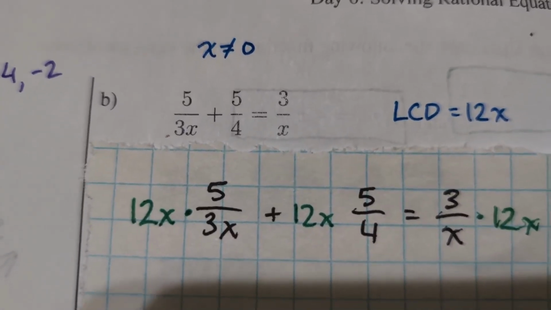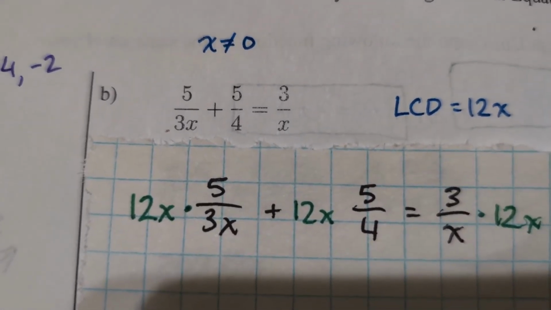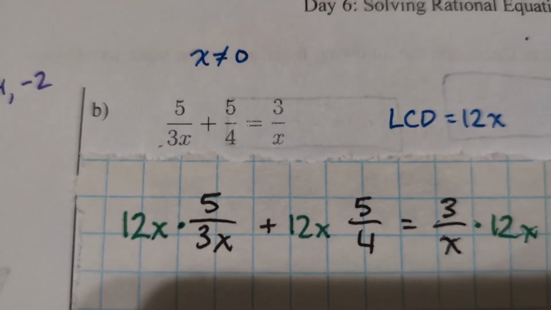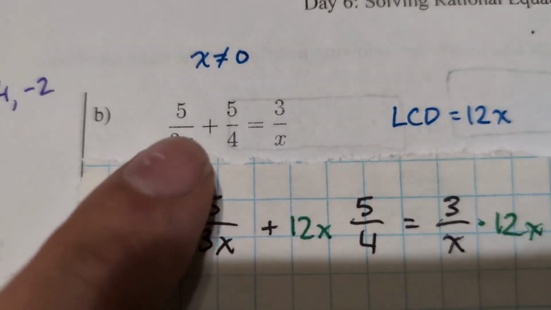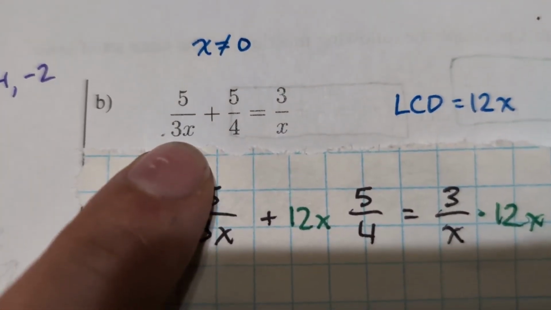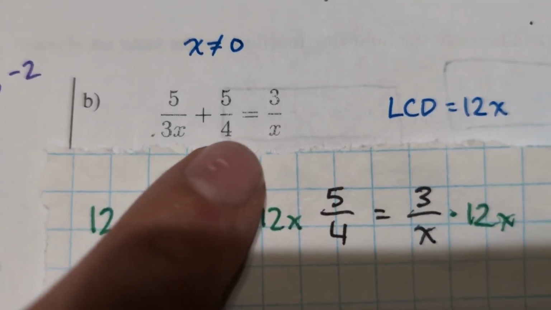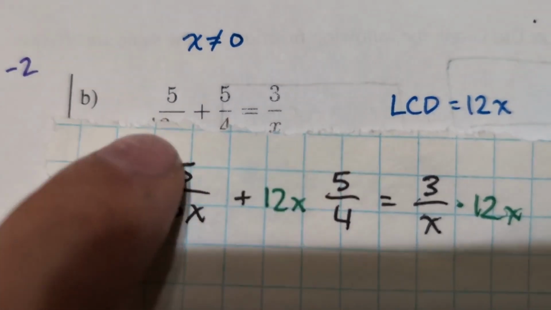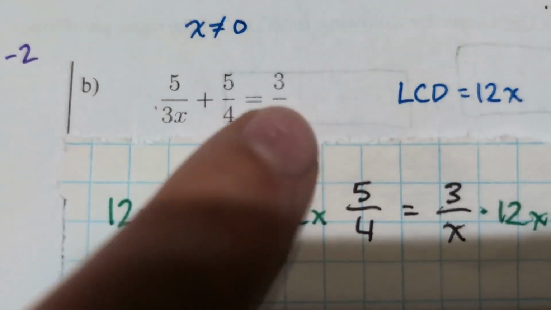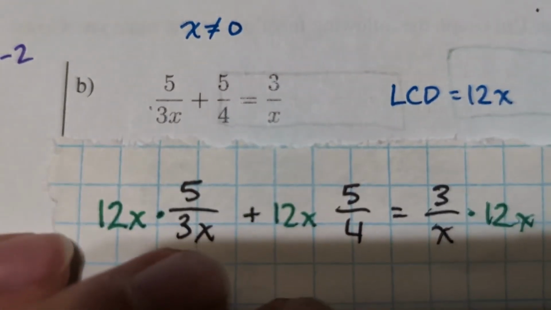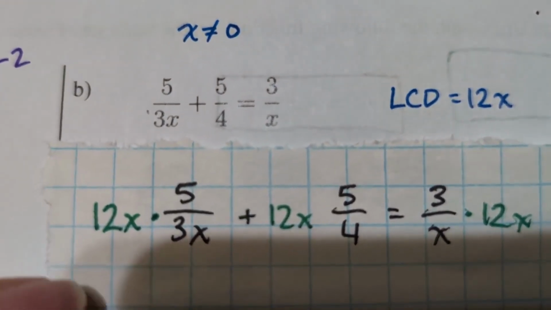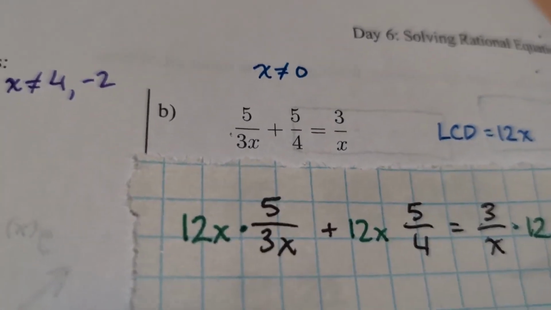And I had talked about you kind of want to multiply out your denominators. Now, you can think of it individually. You can think of it, I got to multiply by 3x. I got to multiply by 4. And, well, we already multiplied by an x here, so that's actually already going to help us get rid of the x's if we multiply everything out there. So you could think of it in two ways.